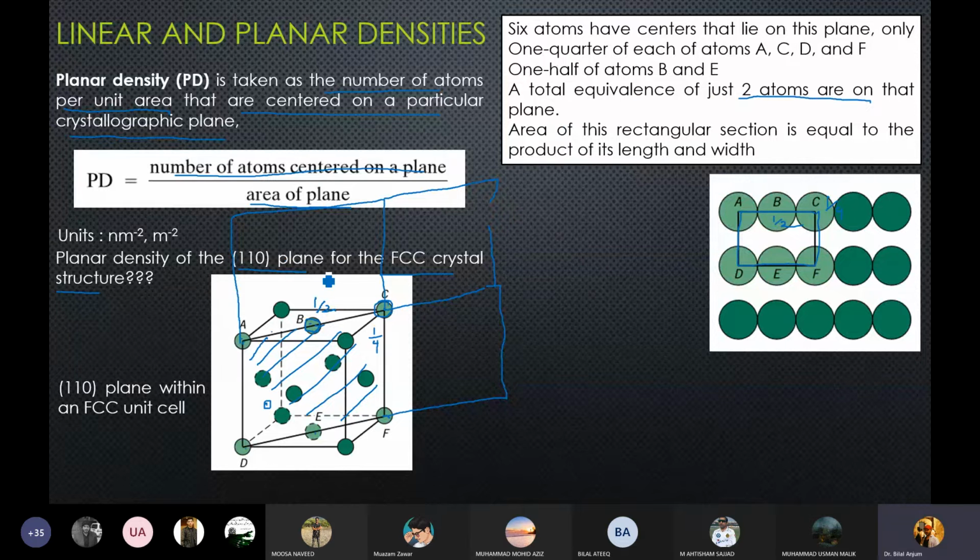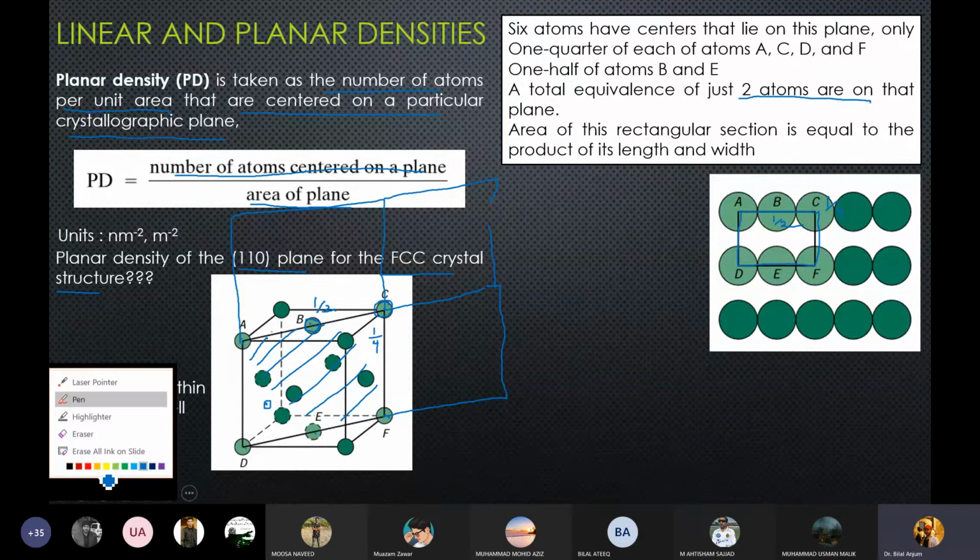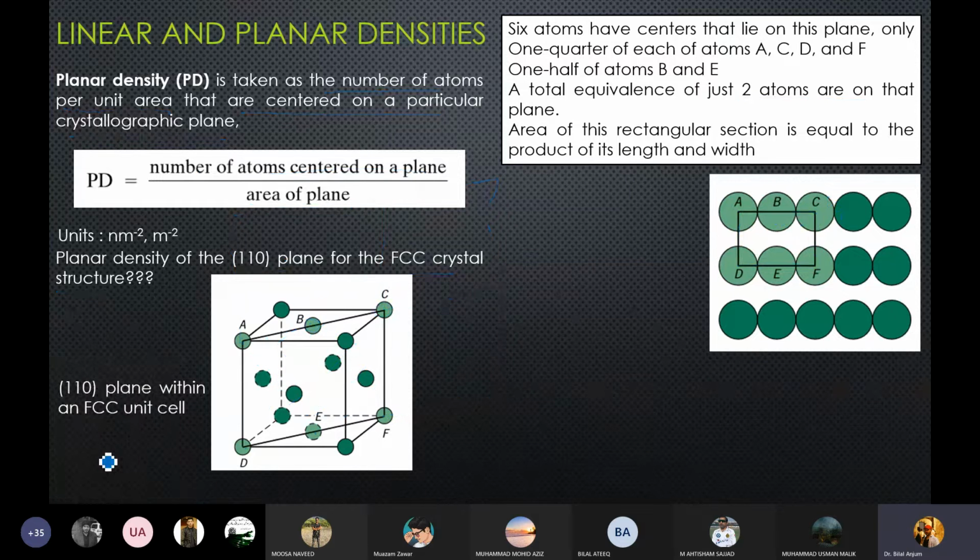Now, how do you find out the area of the rectangle, so the area of the plane? You know that this length is 4r, and in an FCC, this length is a, which is equivalent to 2 under root 2 r in an FCC unit cell.